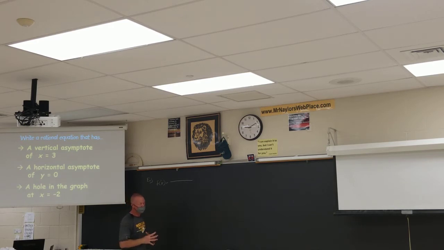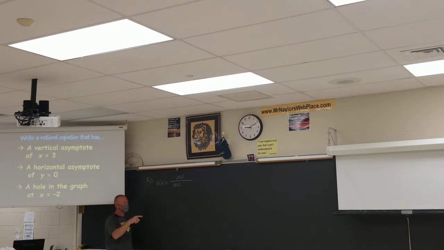So maybe we should start with the hole in the graph. If there's going to be a hole in the graph at -2, then I need to have an x plus 2, but I need to have it repeating, which is half of the battle here. I have to make sure that it repeats in the numerator and denominator.